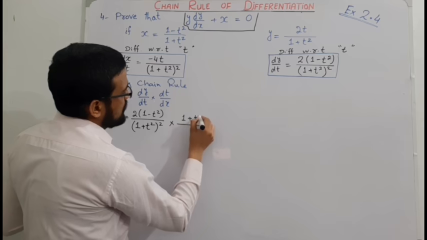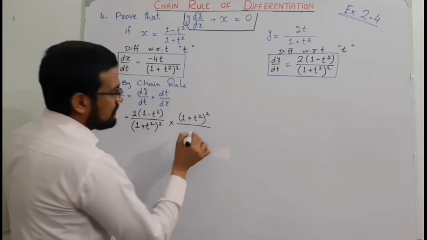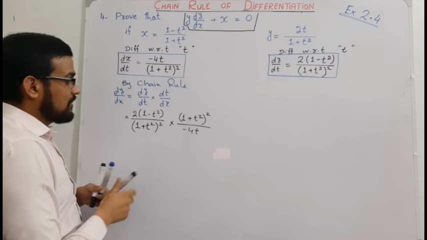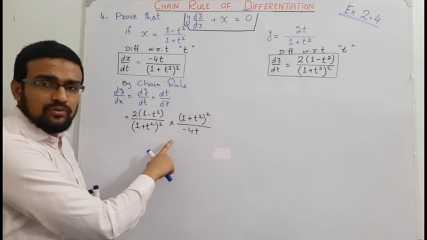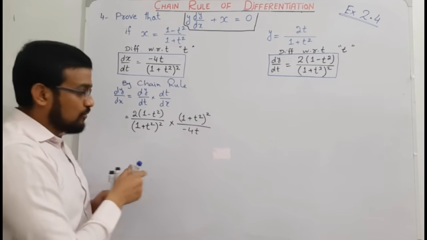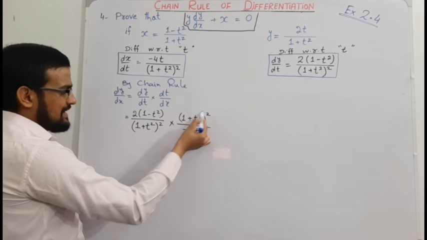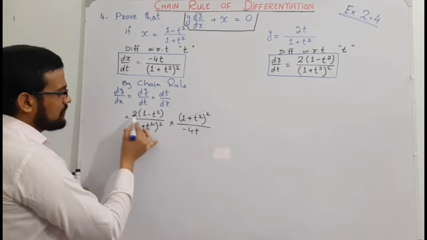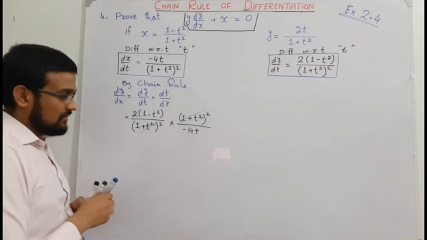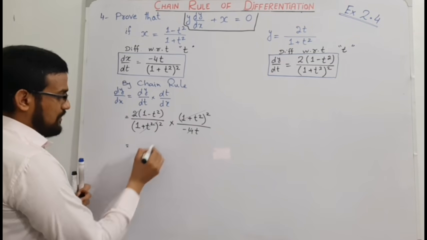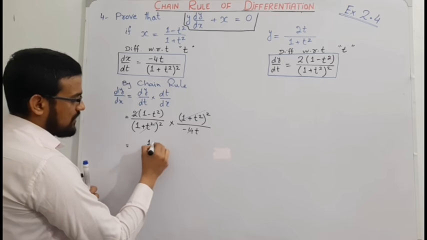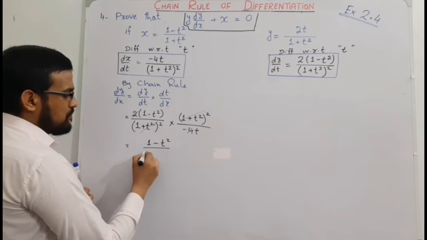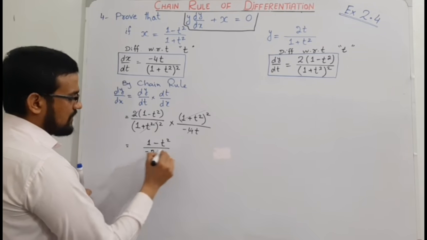1 plus t square whole square and minus 4t. Here 1 plus t square whole square, 1 plus t square whole square, both are the same, and so cancel with each other. 2 and 4, 2 4 cancel, and the remaining term is 1 minus t square divided by minus 2t.